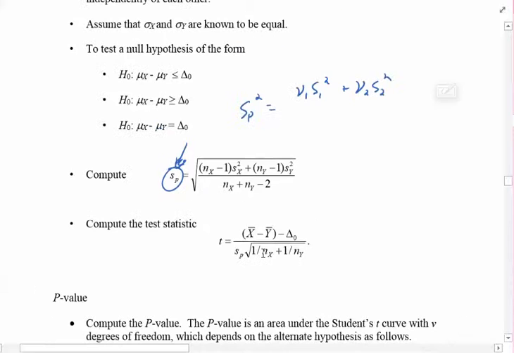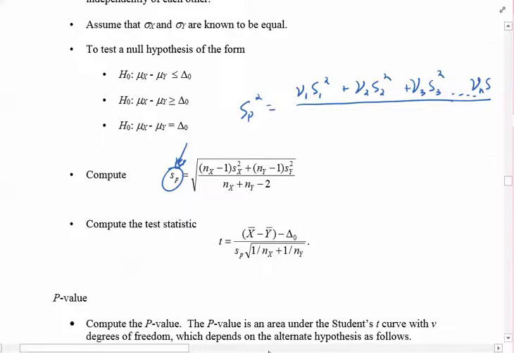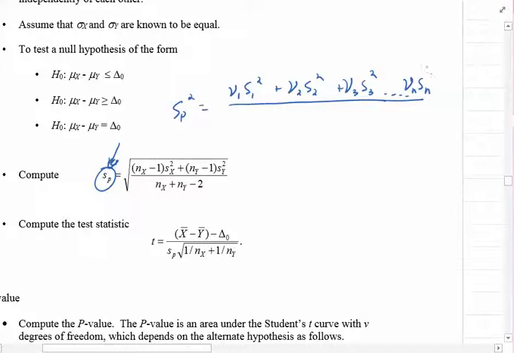I'm going to write this a little bit more generally. So if we have several sets of data, on and on, with n and Sn squared. As I mentioned before, later on, of course, we'll have more than just two data sets. But right now we have two data sets.